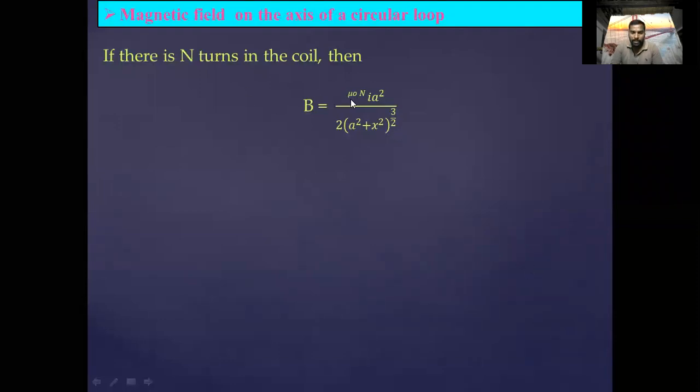Here mu naught is the permeability. n is the number of turns in the current loop or circular coil. a is the radius of the coil, and x is the distance between the center of the coil and the point P. Using this x value, we have to calculate the magnetic field at different positions.